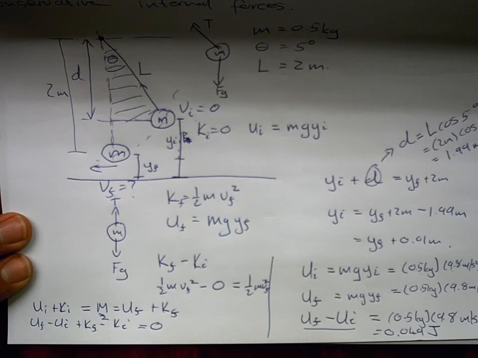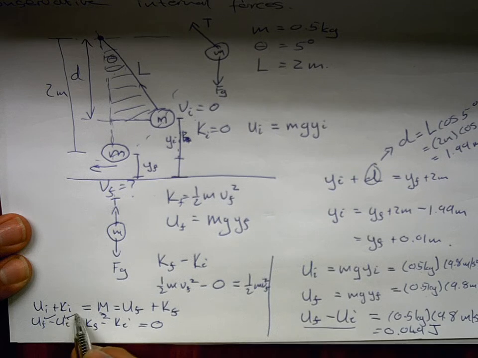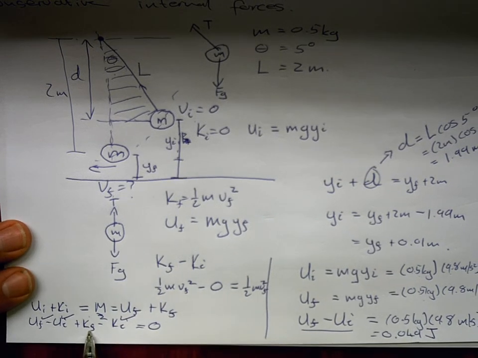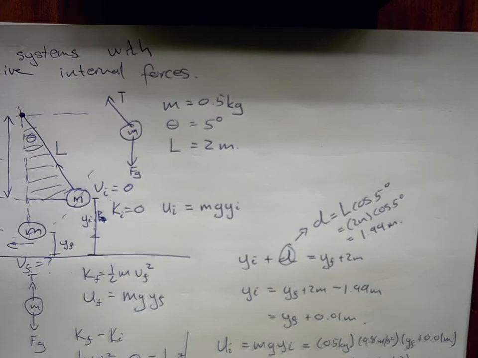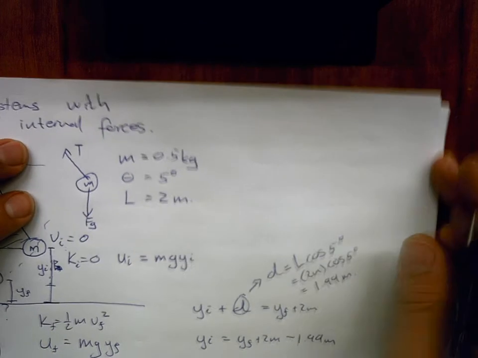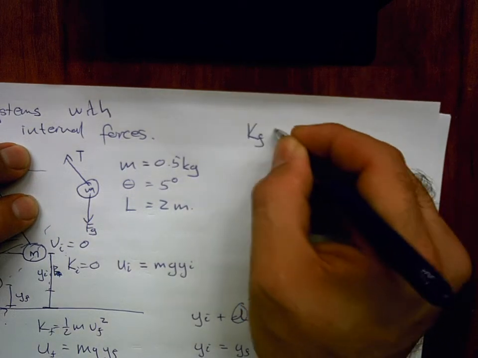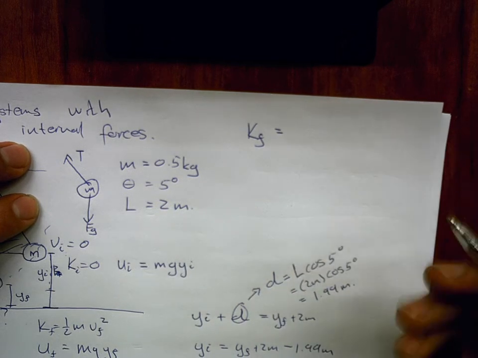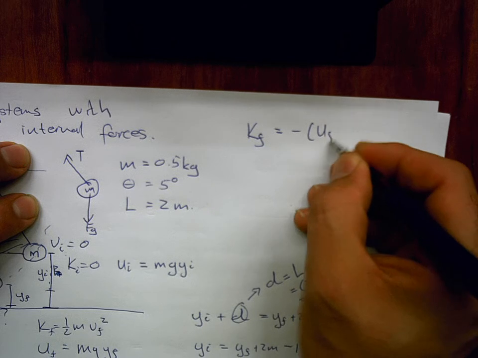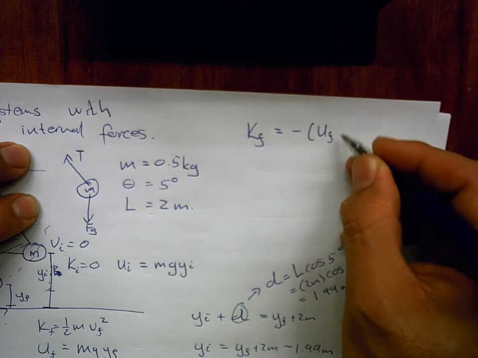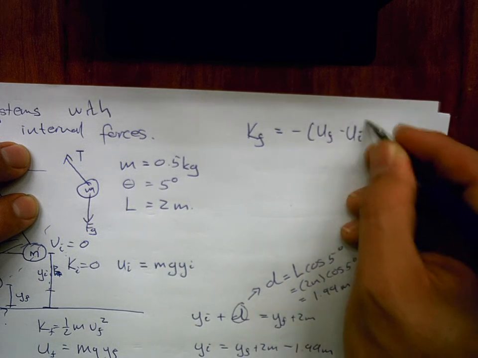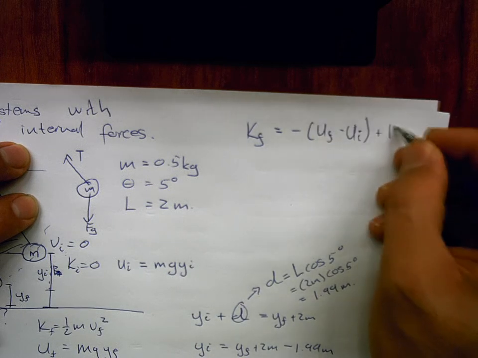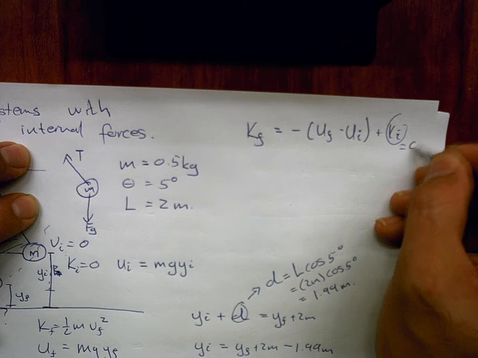Right? And we know this, we know that, we know this. So the only thing we need to calculate is the final kinetic energy. I'm just going to do it over here where I still have space. So we get that the final kinetic energy is equal to the negative of the final potential energy minus the initial potential energy, plus K initial, but we know this is equal to 0.